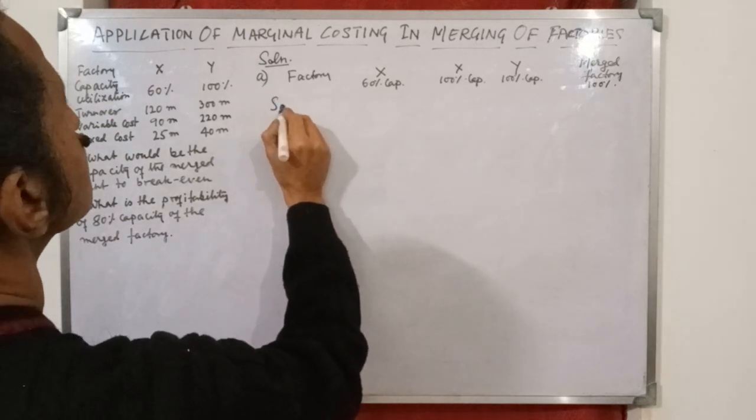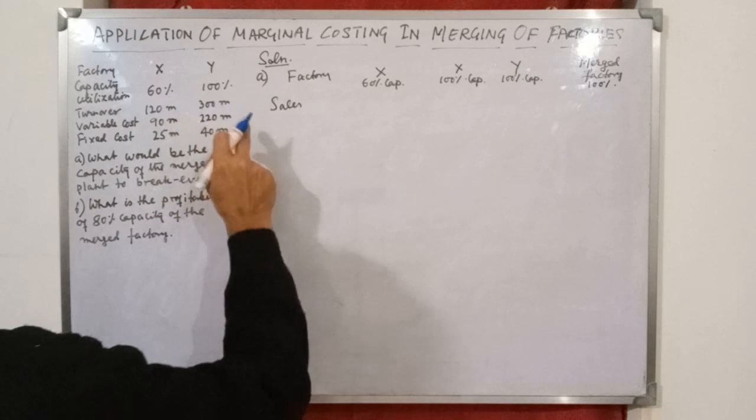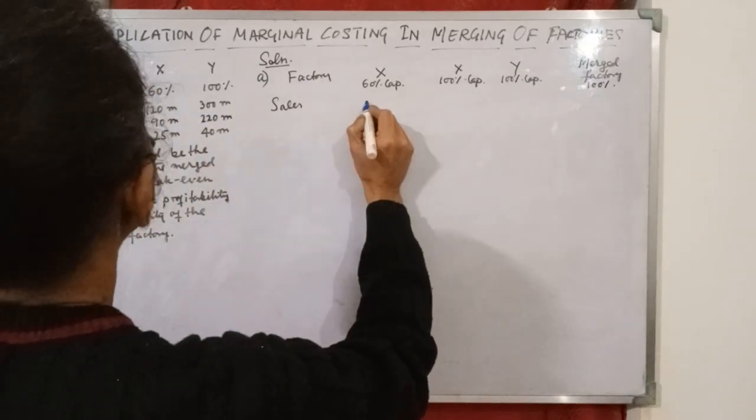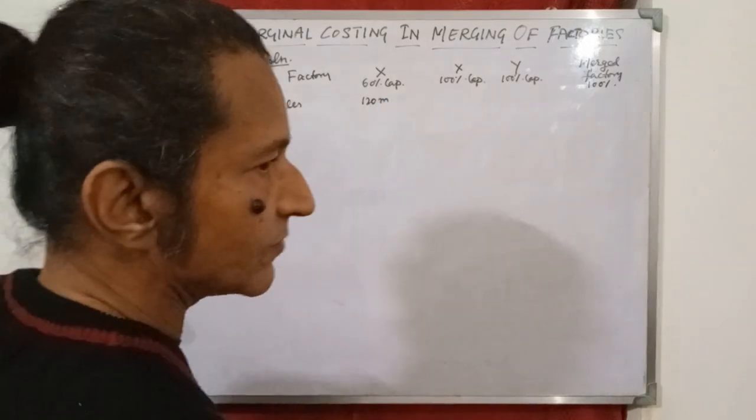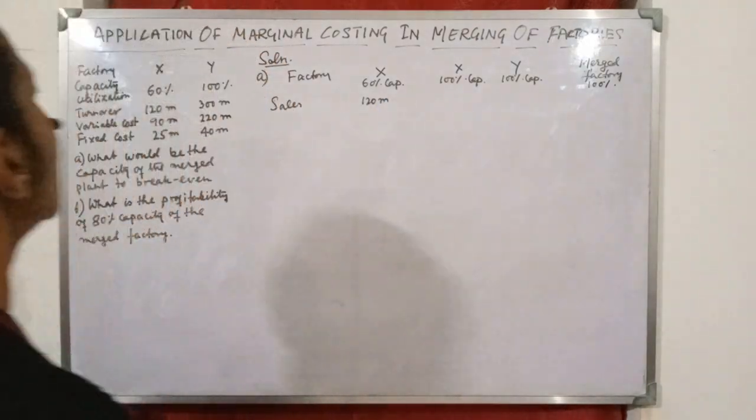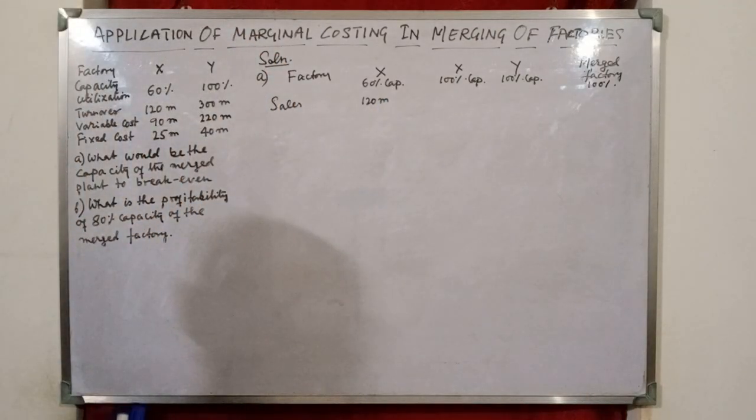Turnover, that is sales, at 60% is 120 million. Therefore, what will be the sales at 100%?